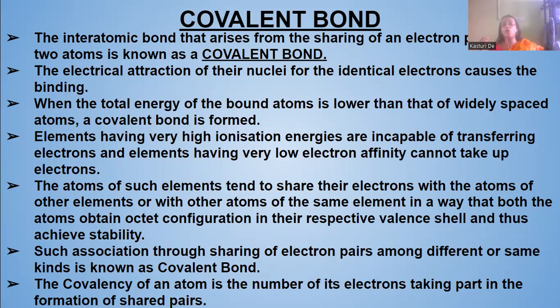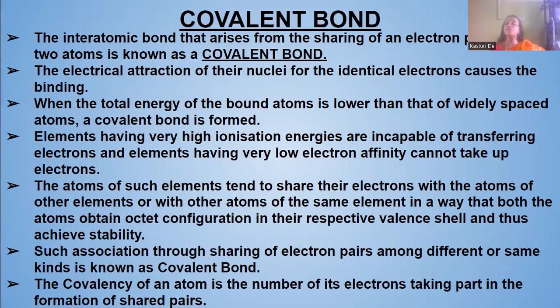Then also the electron will not get transferred from one atom to another. At that time this covalent bond is formed, that is, there is sharing of electrons. When there is no transfer of electrons, sharing of electrons happens.